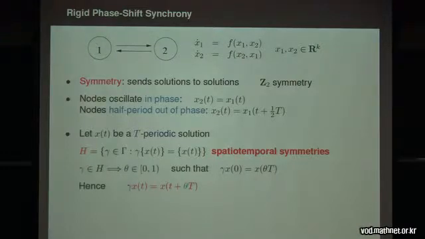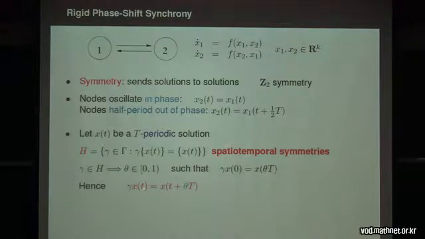Either they're disjoint, or if they intersect, because of uniqueness of solutions to initial value problems, they're identical. So the trajectories are disjoint or identical. If gamma takes a trajectory to itself, that means that gamma x of 0 must be on the trajectory. So it must be x of theta T, where T is the period, and theta is between 0 and 1. Somewhere it must lie there.